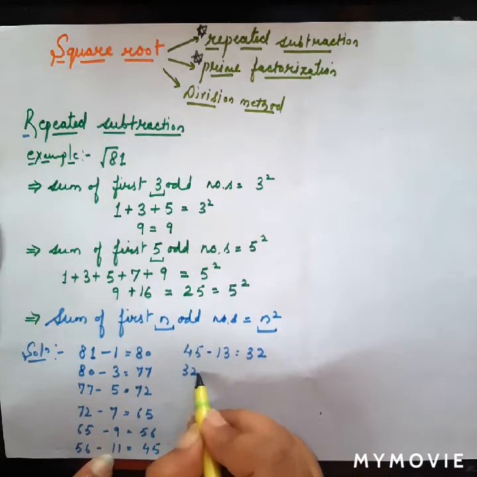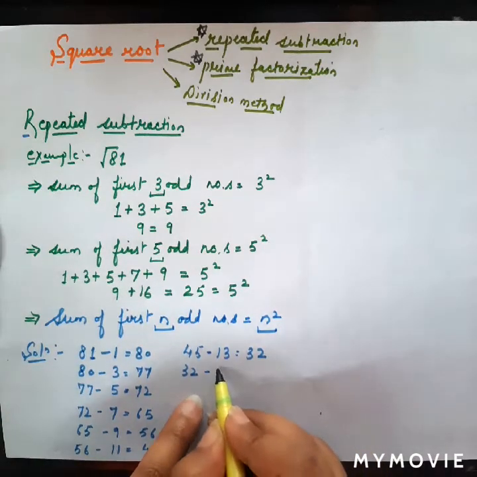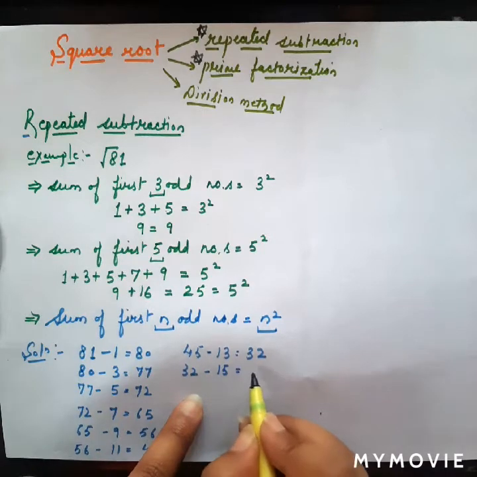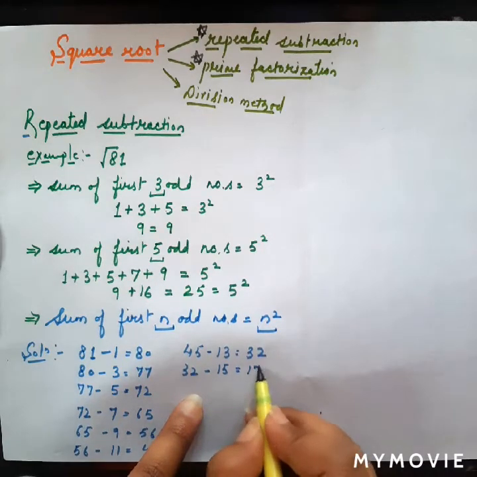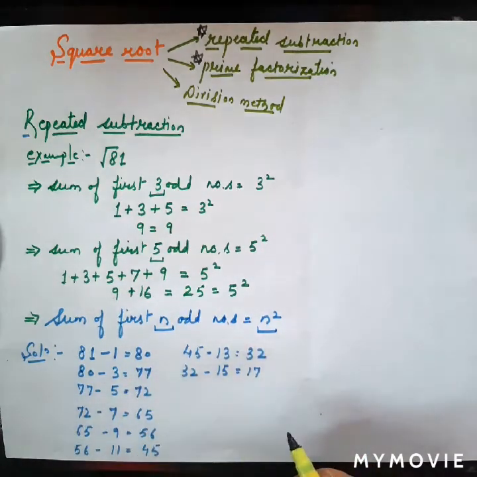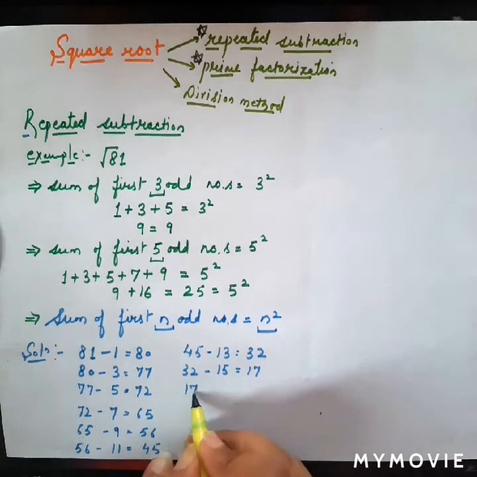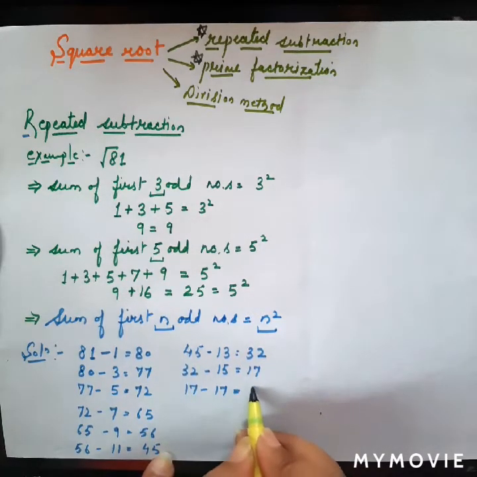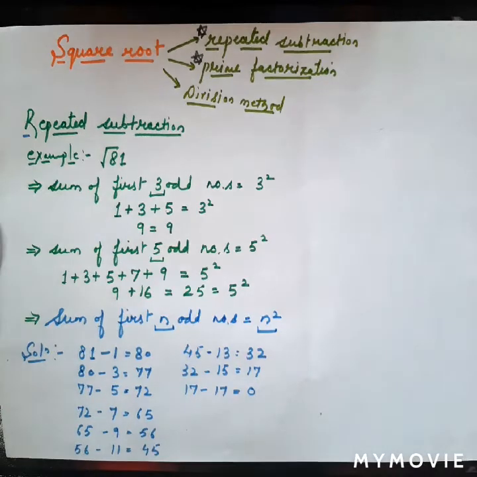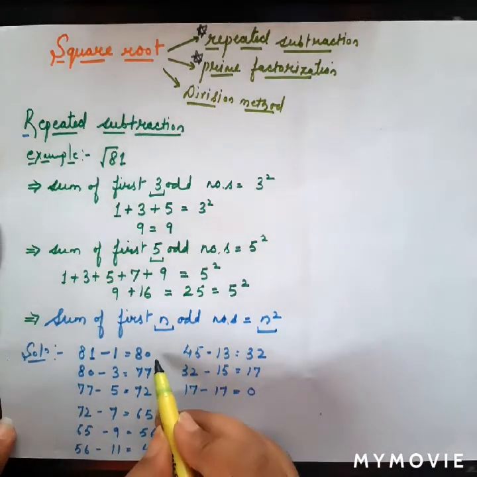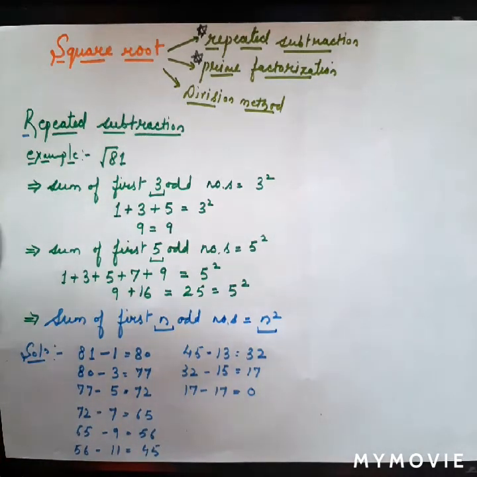Next, after 13, the next odd number is 15, and 32 minus 15 gives us 17. After 15, 16 is not an odd number, so then 17. 17 minus 17 is equal to 0. So we will proceed up to this only. Then we will count how many times we have subtracted.